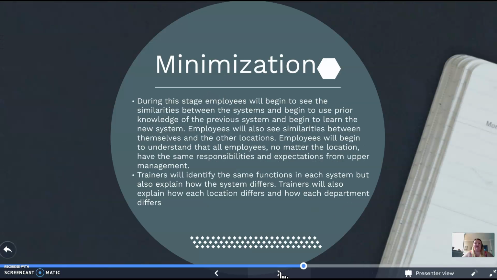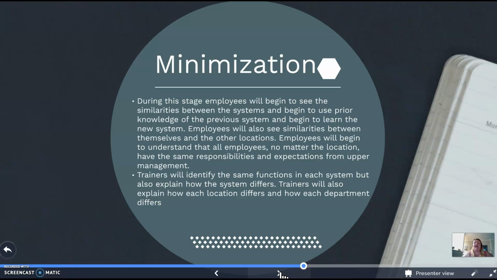Stage 3 is minimization. During this stage, employees will begin to see the similarities between the systems and begin to use prior knowledge of the previous system to learn the new system. Employees will also see similarities between themselves and other locations. Employees will begin to understand that all employees, no matter the location or department, have the same responsibilities and expectations from upper management.